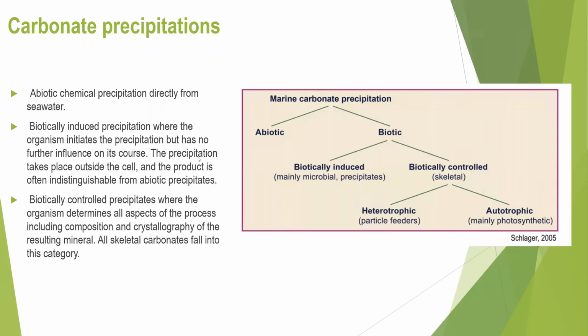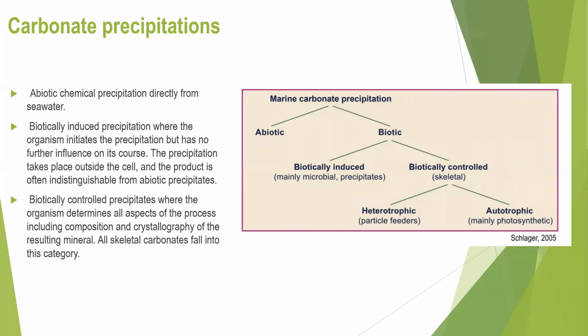Okay, in this image, you can see the carbonate precipitations. In the marine system, we have two types of precipitation. One of them is abiotic and one of them is biotic.